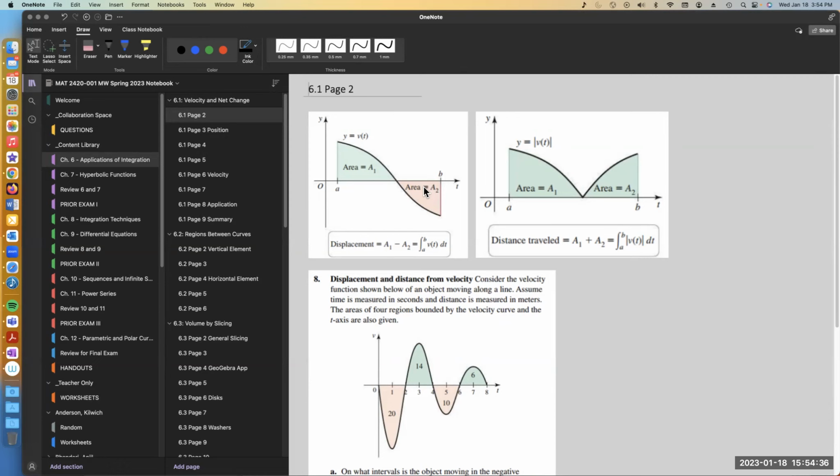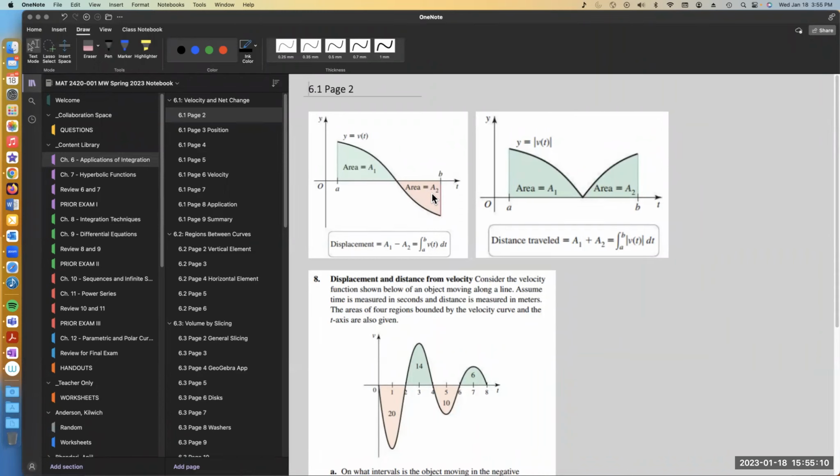And so if we wanted the total distance traveled, we could take the absolute value of this curve, which will just reflect it through the t-axis and pop it up there. And the total distance traveled will be this area plus this area. So A1 plus A2 is going to give us distance traveled versus A1 minus A2 is going to be the displacement.